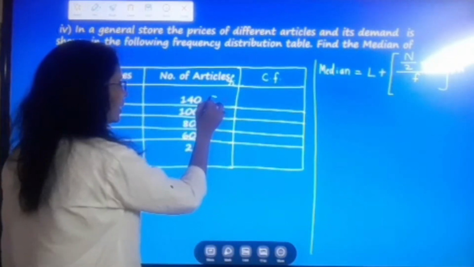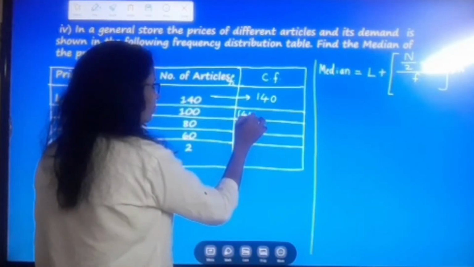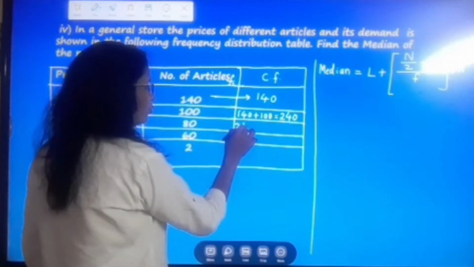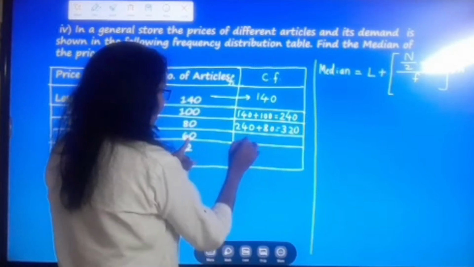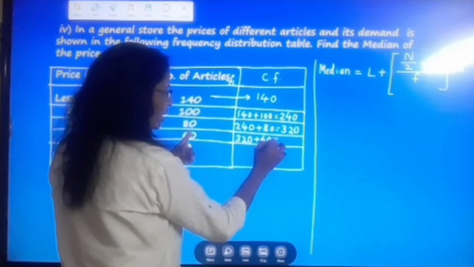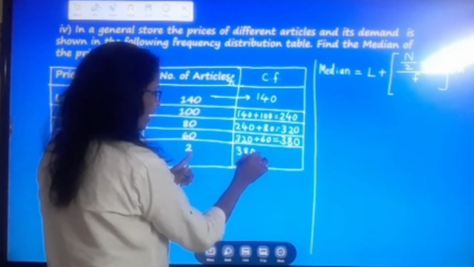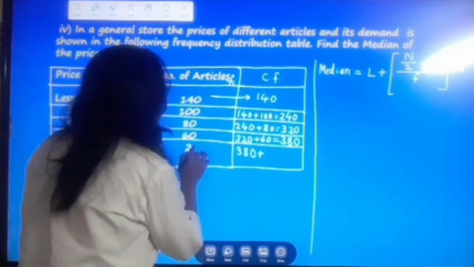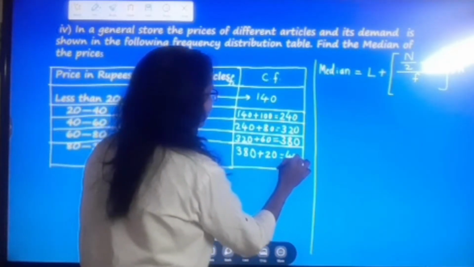So now write down here as it is 140, then 140 plus 100, that means here students 240. Then 240 plus 80, so that is equal to 320. Then 320 plus these 60, so that is equal to 380. And then 380 plus, no students, that is the 20, which is equal to 400.